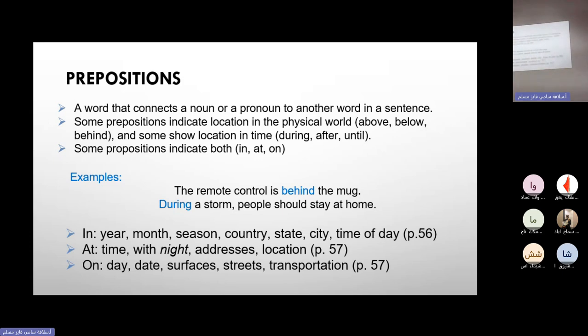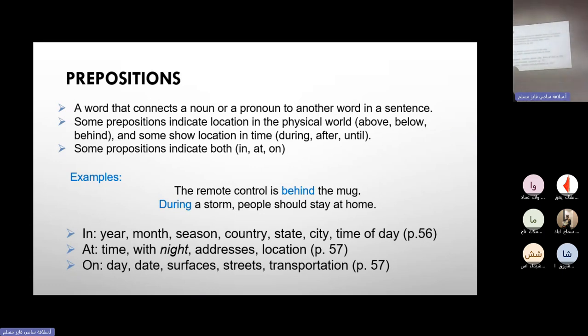Example يا ولا يلا. Okay. The remote control is behind the mug. All right, behind is a place, right? ولا الثاني. During the storm, هاي إمتى؟ وقت. It gives us the time. Okay?